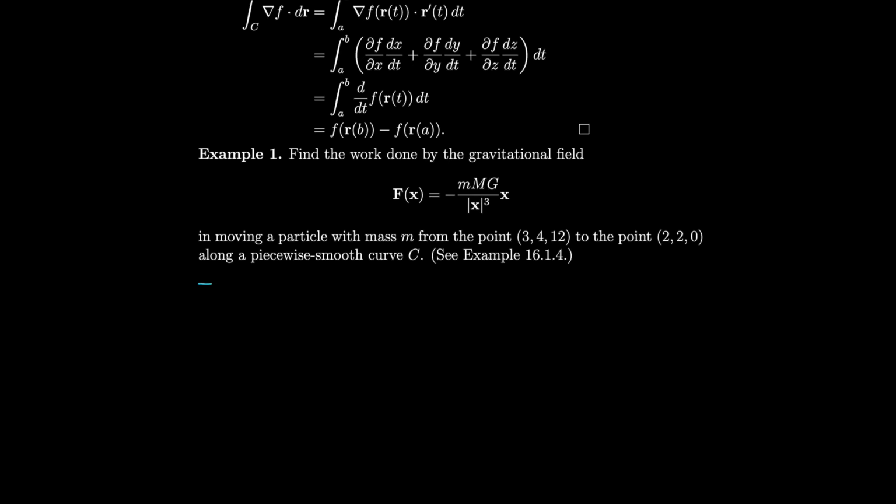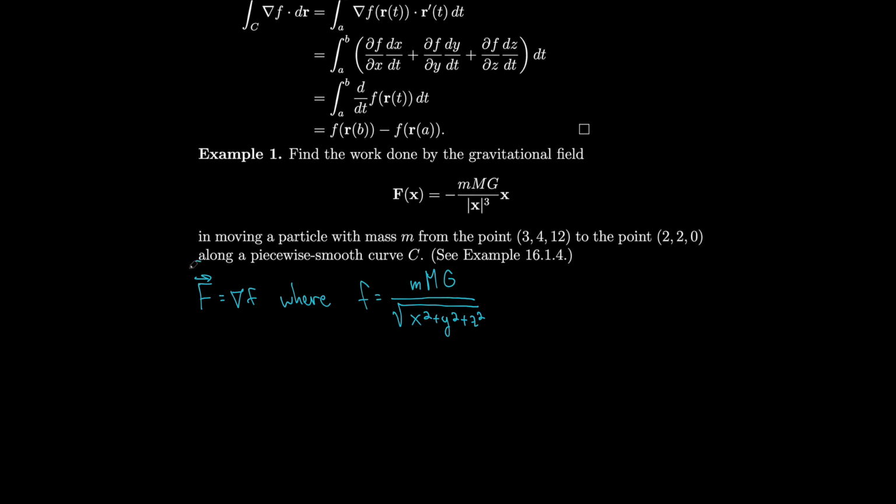So it looks like that's just the derivative of a function f without each of those in our numerator. In other words, we have our vector field F equal to a gradient of f, where f is equal to mg over the square root of x squared plus y squared plus z squared.